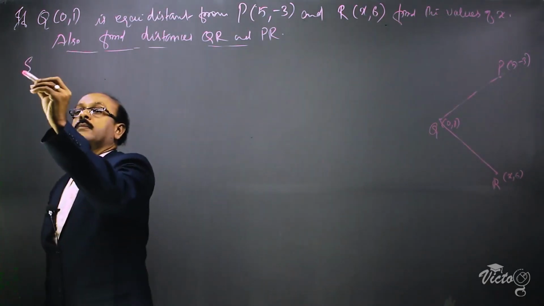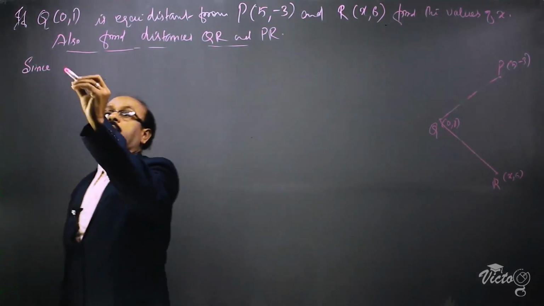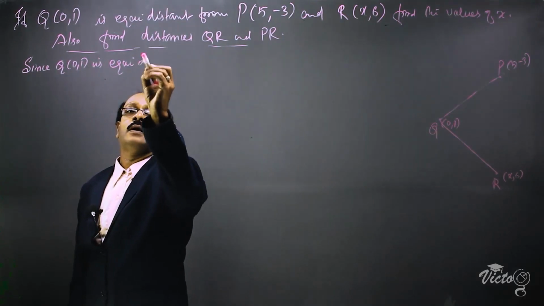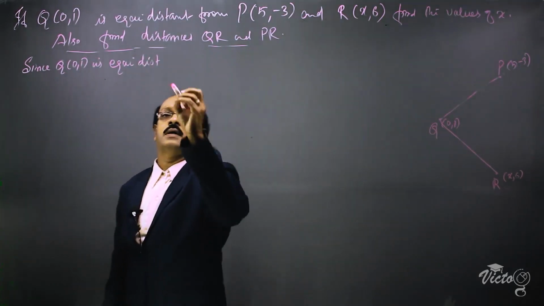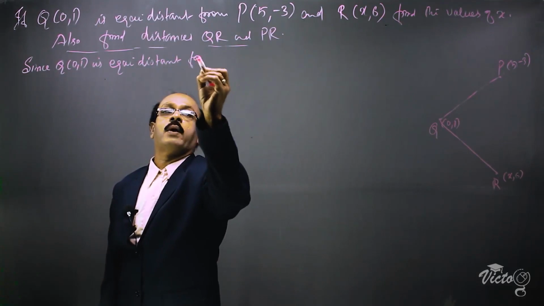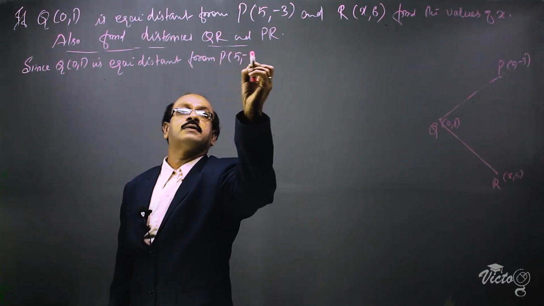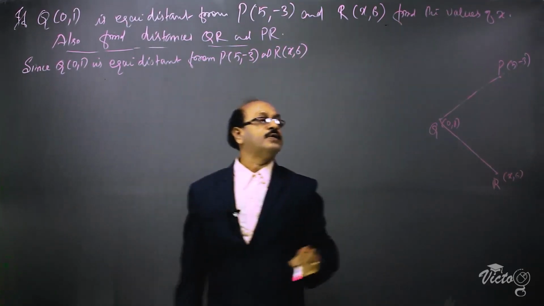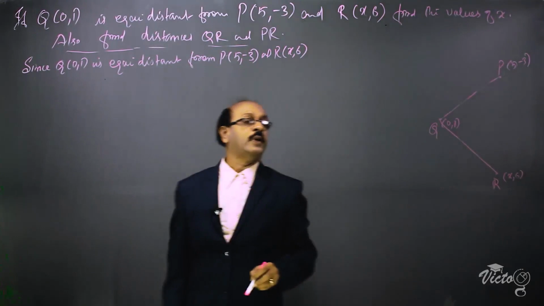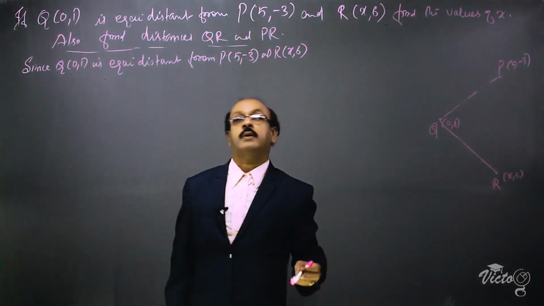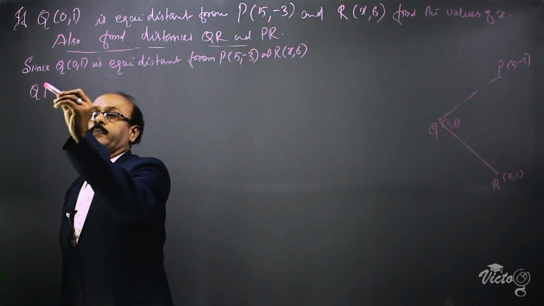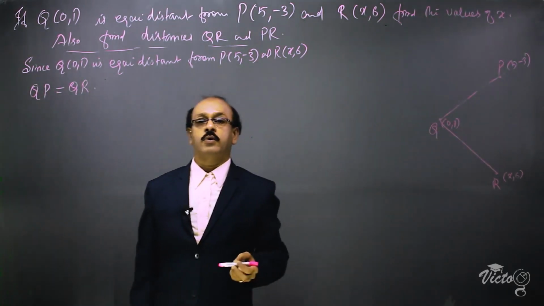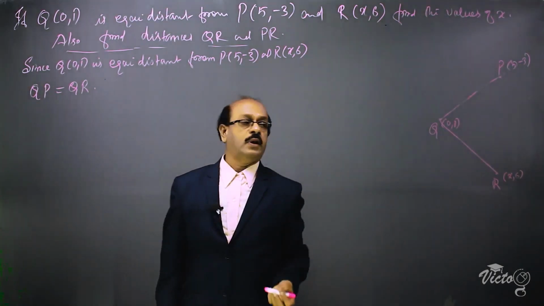Since Q(0,1) is equidistant from P(5,-3) and R(x,6), we have the condition PQ equals RQ, or QP equals QR. Squaring both sides, we can avoid the radical sign.